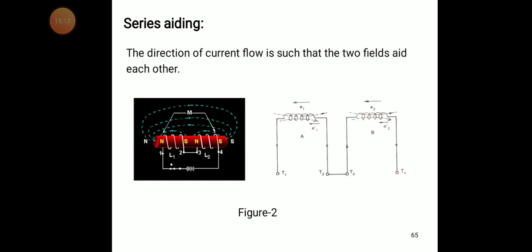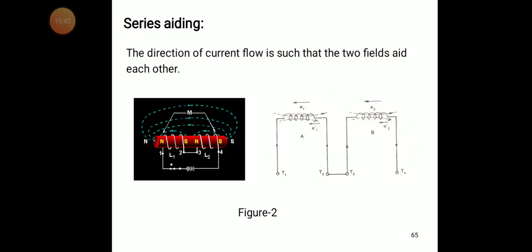Very important here: the direction of current flow is such that the two fields aid each other. Whenever two inductors are connected in series, the current flows in such a way that the two fields add to each other. The two inductors' fields add together. That is called aiding.